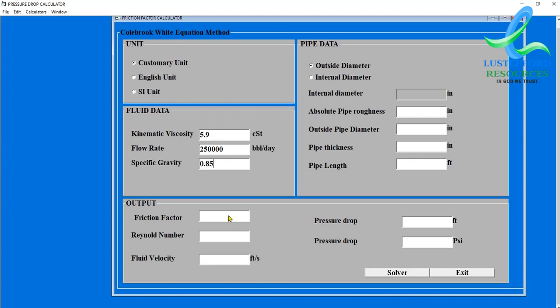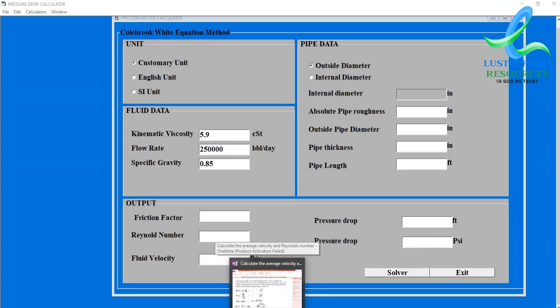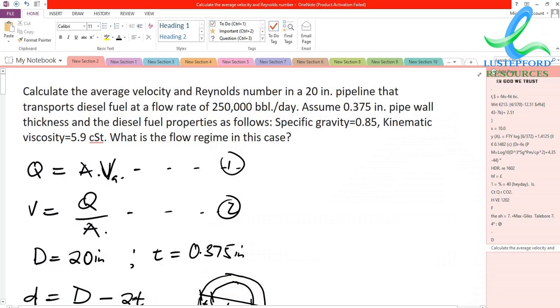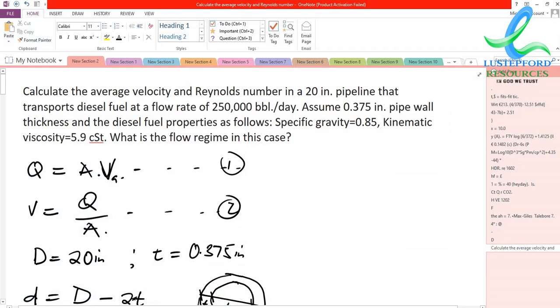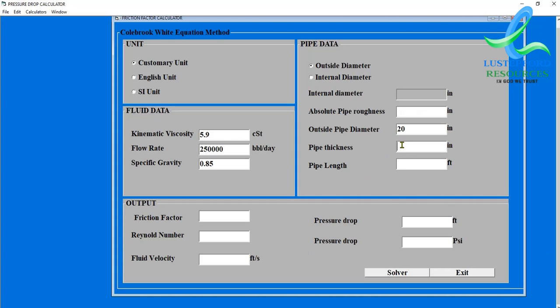The outer pipe diameter is 20 inches. Pipe thickness is 0.375.